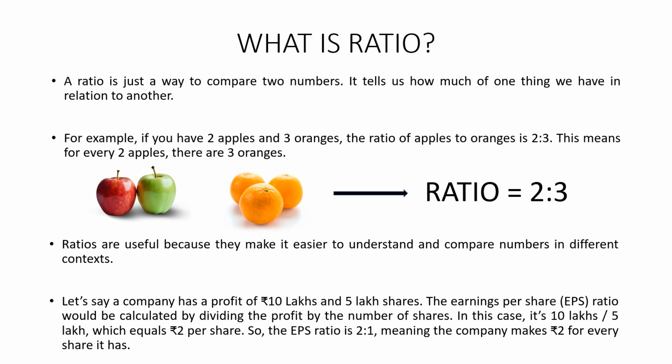In this case, it's 10 lakhs divided by 5 lakhs, which equals 2 rupees per share. So the EPS ratio is 2 is to 1, meaning the company makes 2 rupees for every share it has. Pretty simple. It is extremely important that you understand what is earnings and what is ratio before we proceed and understand the other complicated things about PE ratio. Excellent. Let's see what happens next.